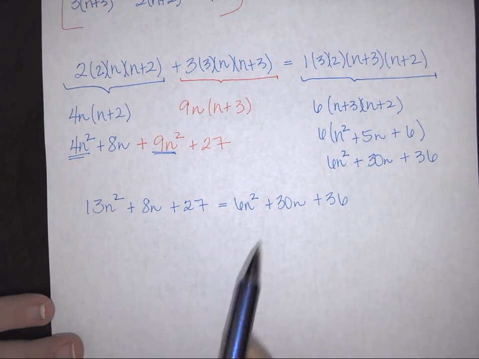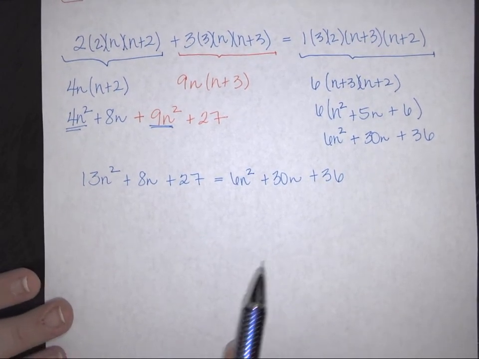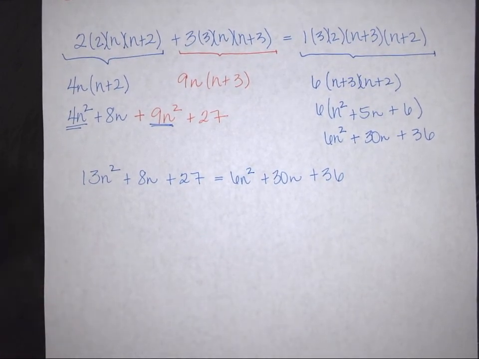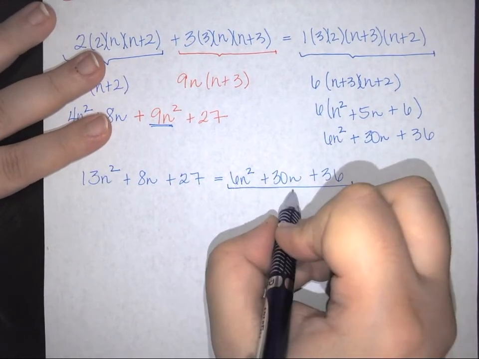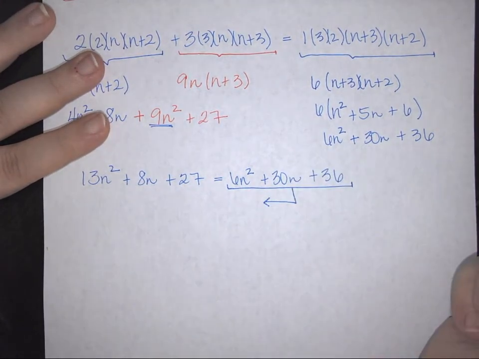On each side I have a quadratic. In order to solve quadratics, you got to set equal to 0. So I'm going to take all of these and move them to the other side.